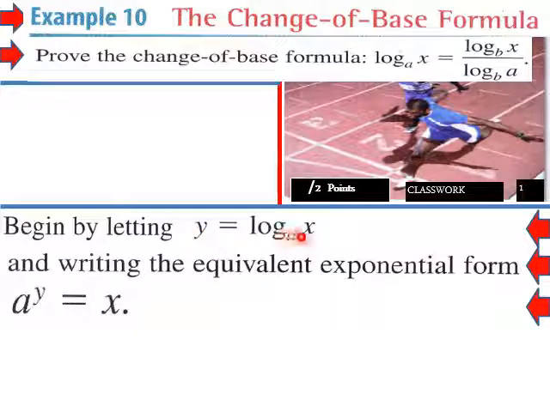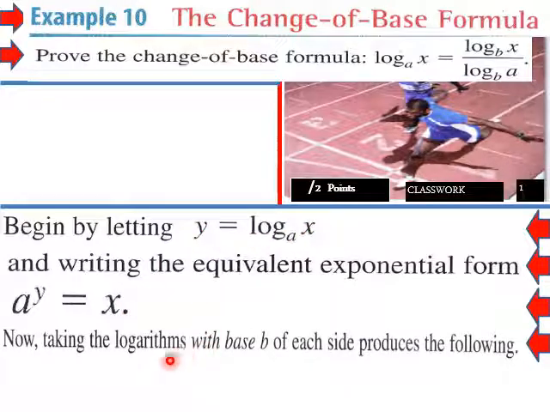Now taking the logarithm with base b of each side produces the following: log base b of a to the y equals log base b of x.